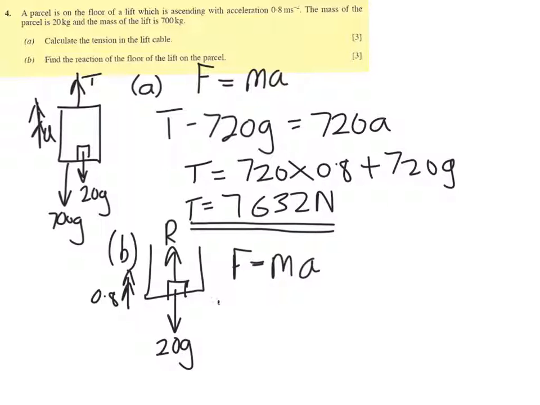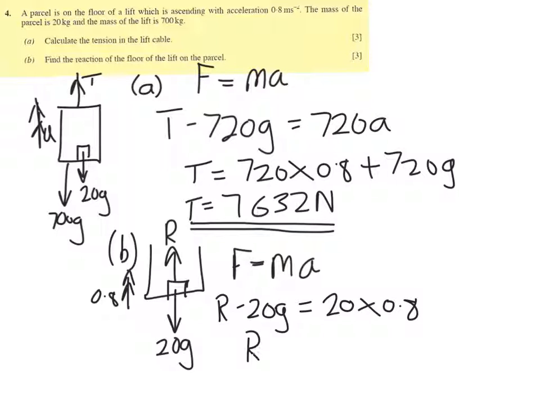So I've got R minus 20g equals 20 times the acceleration. Remember, it's only 20. It's not including the 700 because I'm only looking at the parcel. So it's 20 times acceleration, which is 0.8.